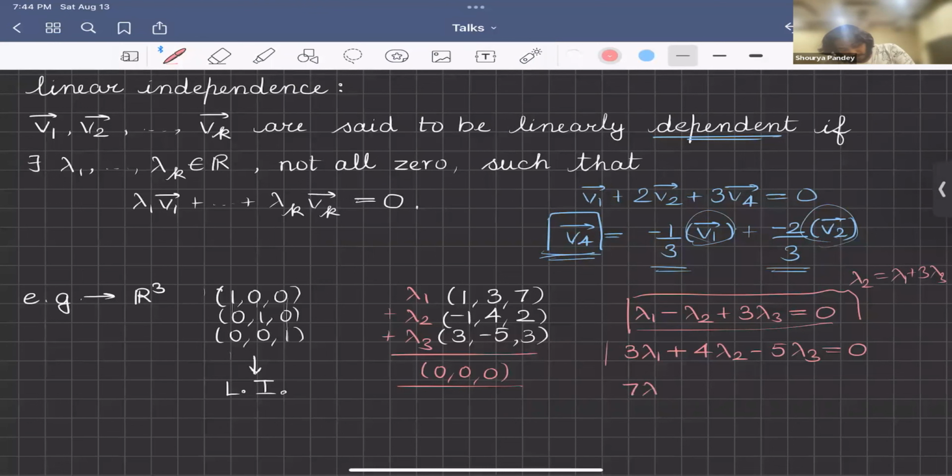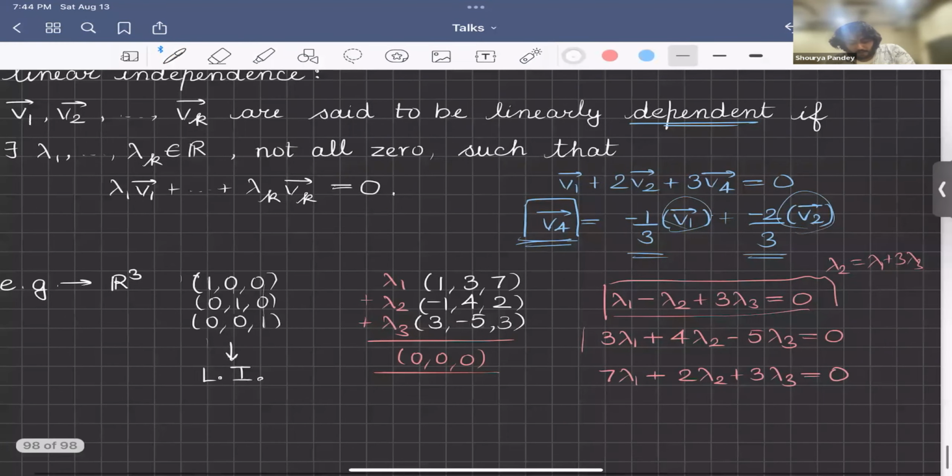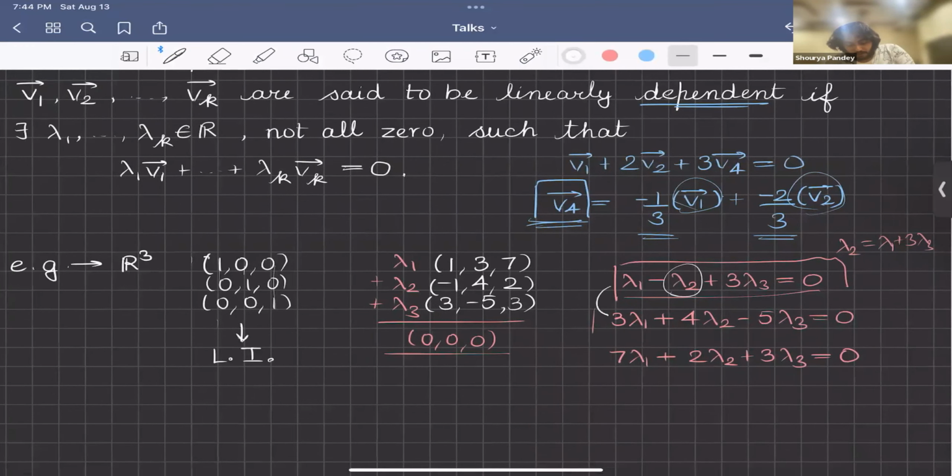Let me write the other equation. If I put lambda 2 here, then this becomes 7 lambda 1 plus 7 lambda 3 equals 0. This gives me lambda 1 equal to minus lambda 3. And if I put that in, lambda 2 is equal to 2 lambda 3.